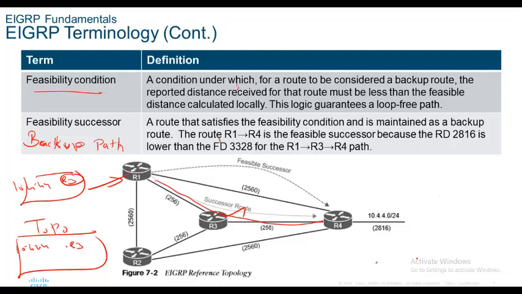Via router 3, what is the total metric? 2816 plus 256 plus 256. This is 512, I'll write it as 512.